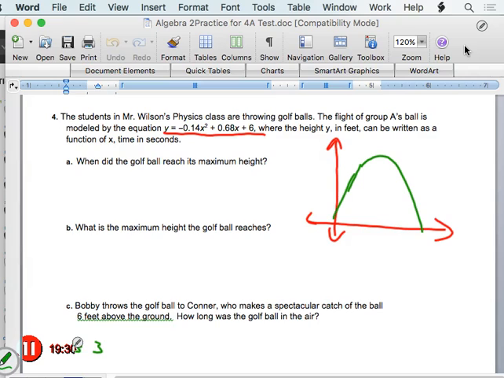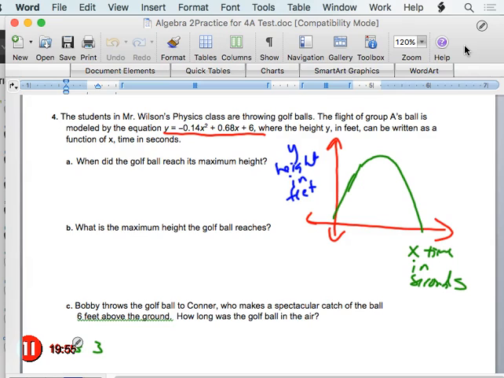And it says x is time in seconds, and then y is, of course, height in feet. Right there. And the picture makes sense with what we know.